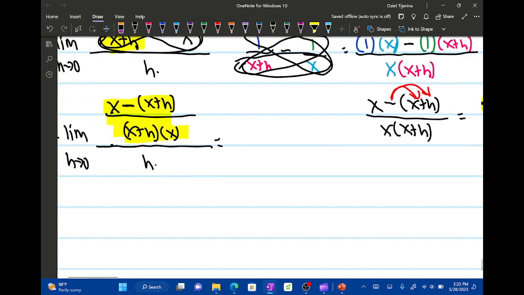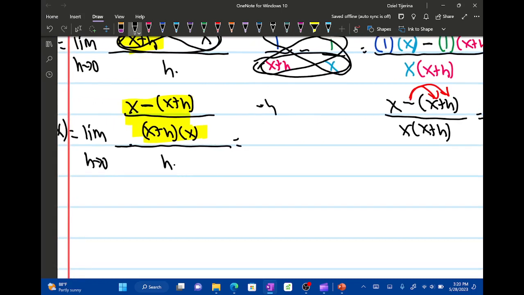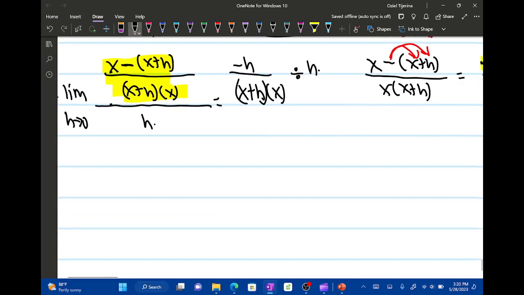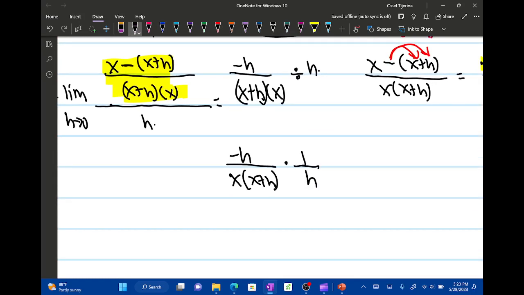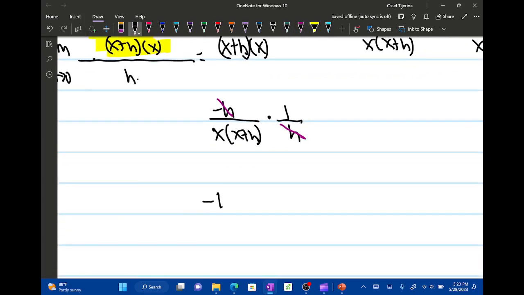So we have negative h over x plus h times x. Notice that it's all over h, so we're going to do division by h. So here is negative h over x times x plus h times 1 over h. Then we take out that h value, and we end up getting negative 1 over x times x plus h.